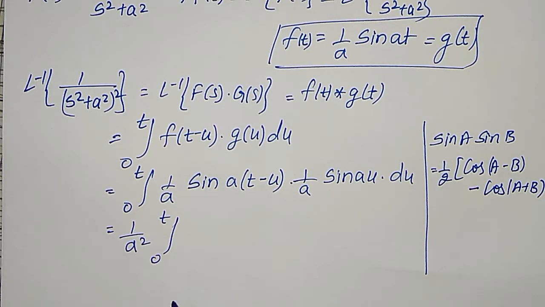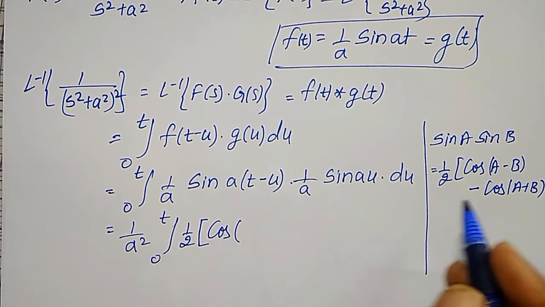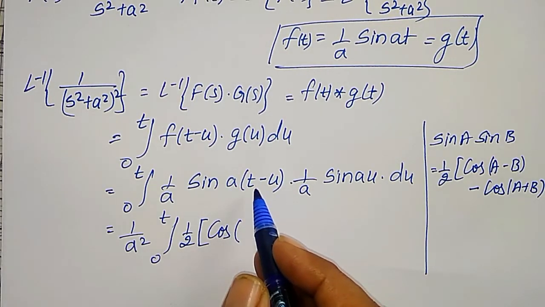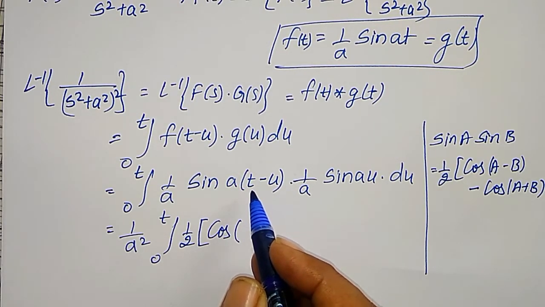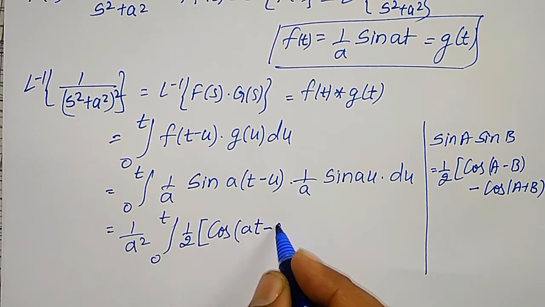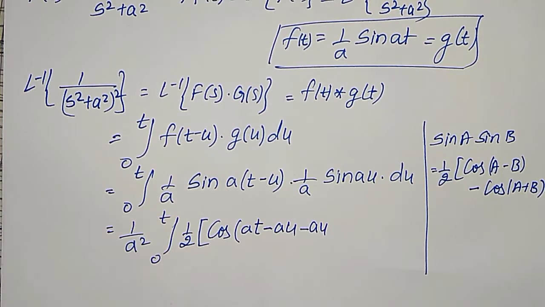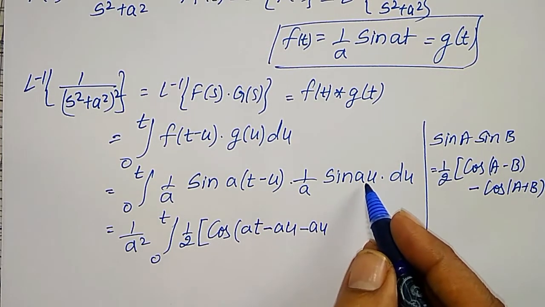That I am going to use. 1 by a square I have taken common. Therefore, it is 1 by 2 times cos of (A minus B). A is at minus au, and this is my B, which is au.